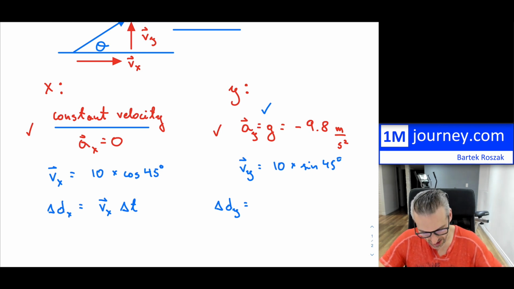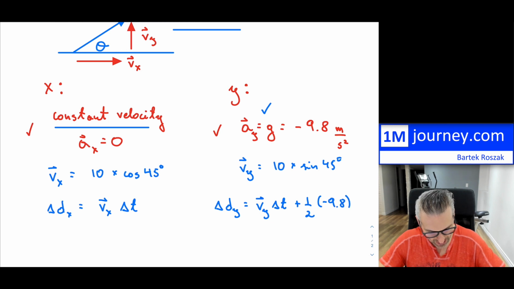This distance is simply your initial velocity, which in this case is the velocity in the y, multiplied by your delta t, plus 1/2 times the acceleration, which is negative 9.8, times delta t squared.